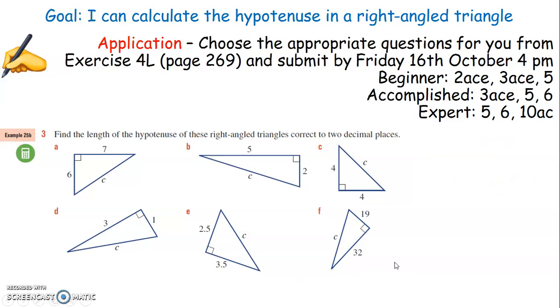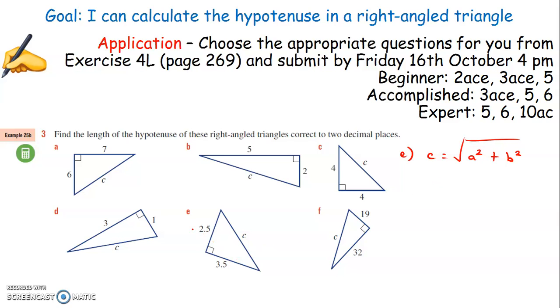And finally, we've got E. Again, we are using this equation because we're still finding the hypotenuse. C is equal to the square root of A squared plus B squared. Hopefully by the end of this exercise, you will remember this formula.